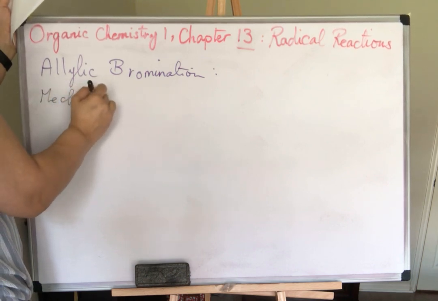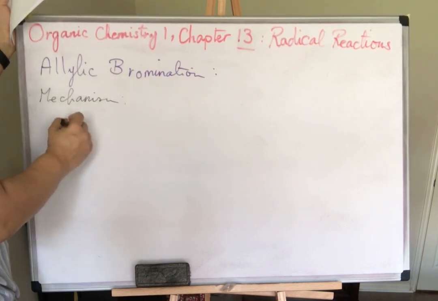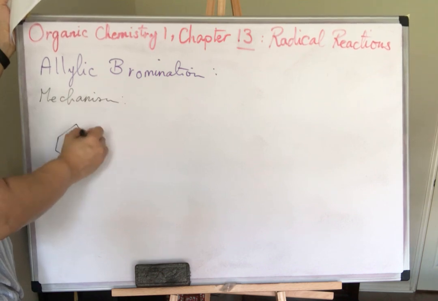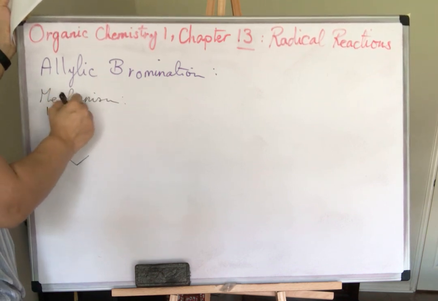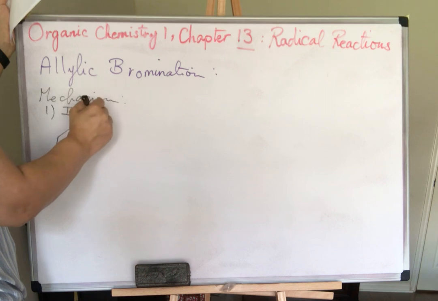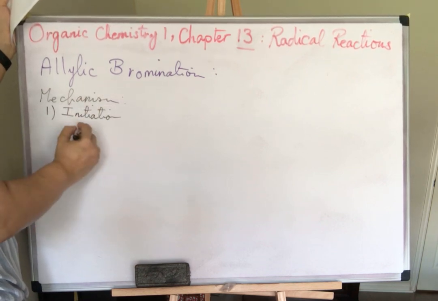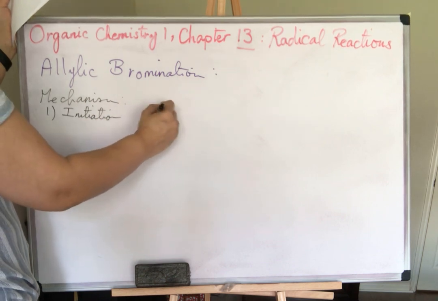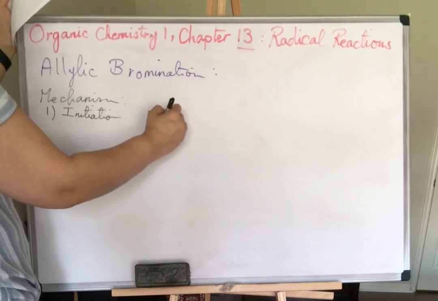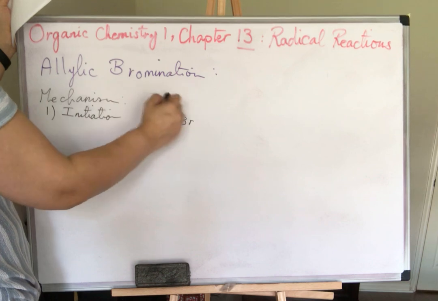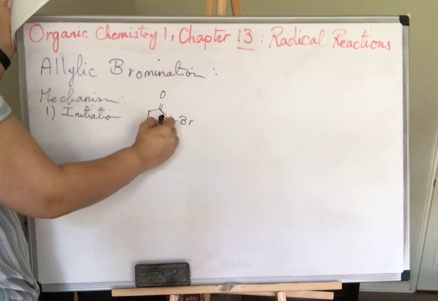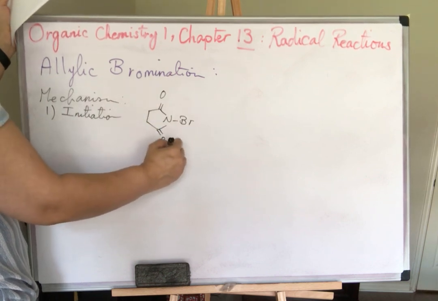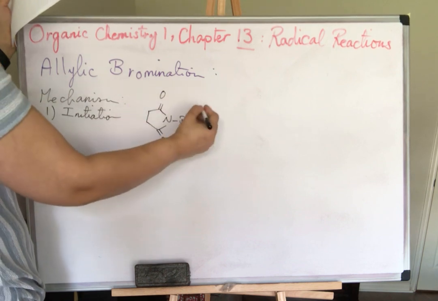The same 3 steps. Let's say this is the initiation. So first, in N-bromosuccinimide, it's time to know the structure. This is NBS, 2 oxygens and NBr.